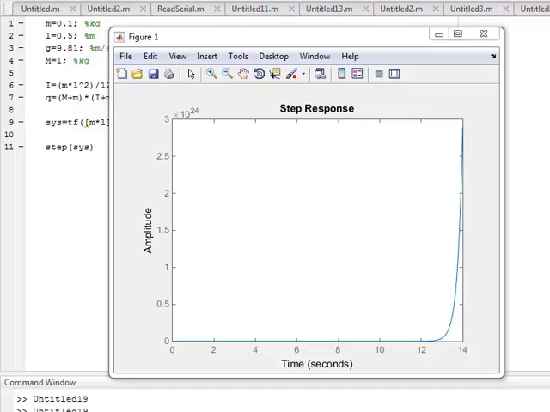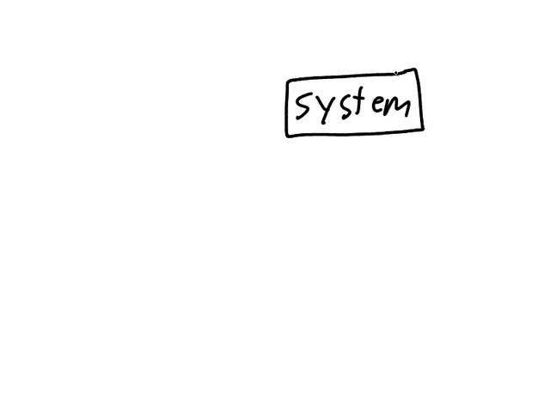A controller is another system that we can put in line with the system that we already have in order to change the behavior of the whole system overall. Let's take a look at what a controller looks like in a block diagram. We still have our original system, which converts voltage into an angle.